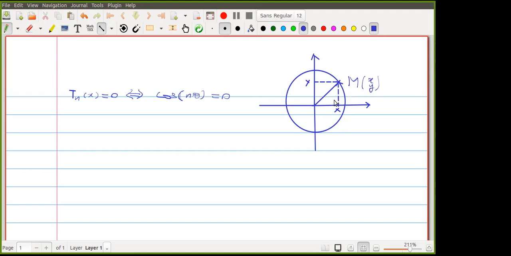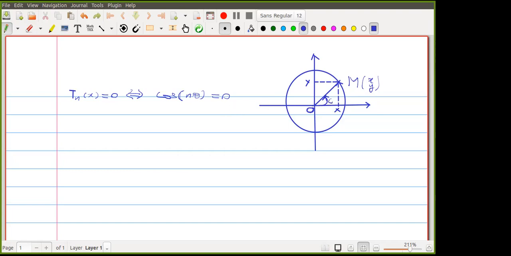The coordinates of M. And the angle between the x-axis and the position vector OM is given by this angle theta. Right?